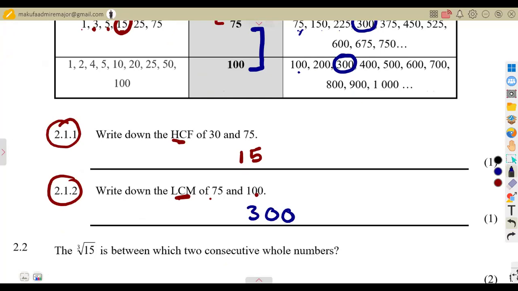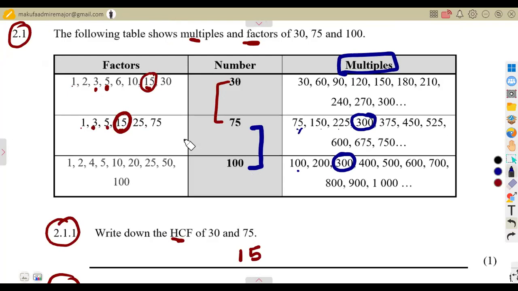Take note. For the highest common factor, you consider the biggest value which is common on the factors. That is the idea that you can use.